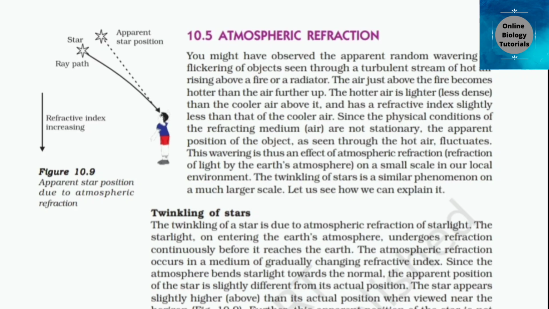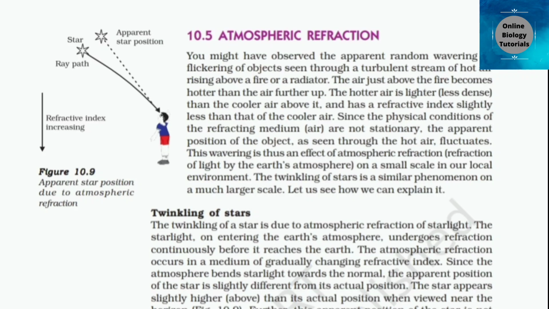Since the physical conditions of the refracting medium air are not stationary, the apparent position of the object, as seen through the hot air, fluctuates. This wavering is thus an effect of atmospheric refraction, refraction of light by the Earth's atmosphere, on a small scale in our local environment. The twinkling of stars is a similar phenomenon on a much larger scale. Let us see how we can explain it.